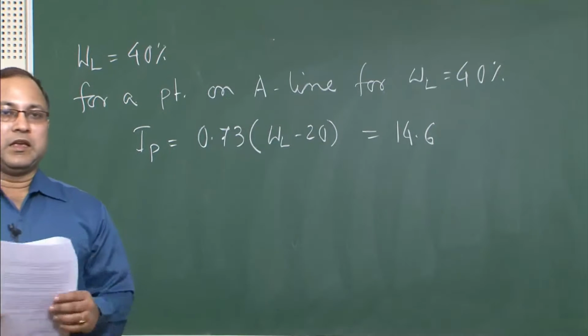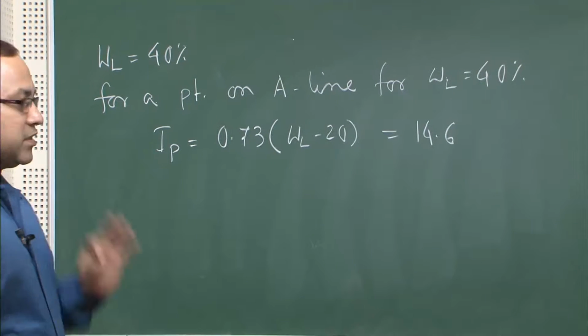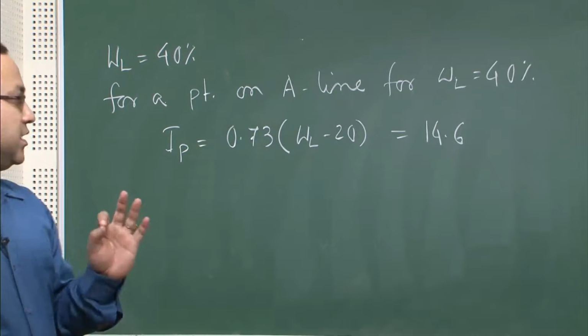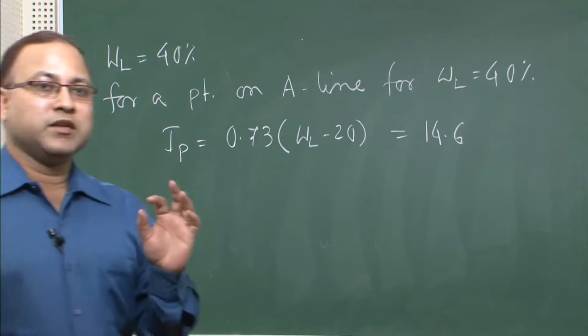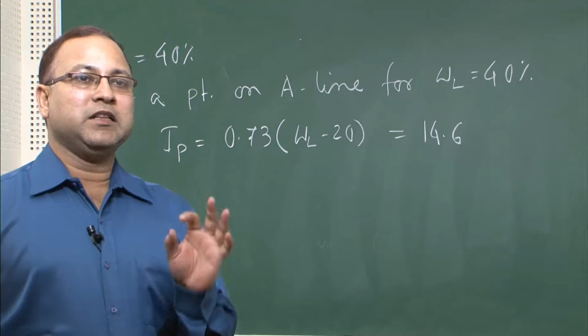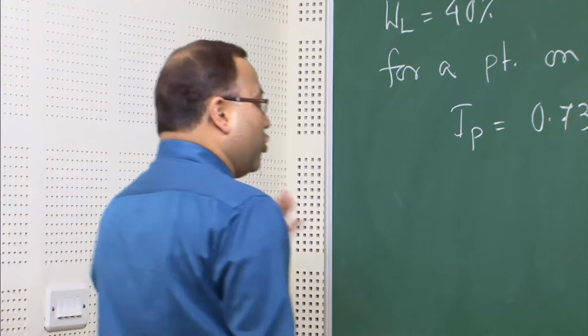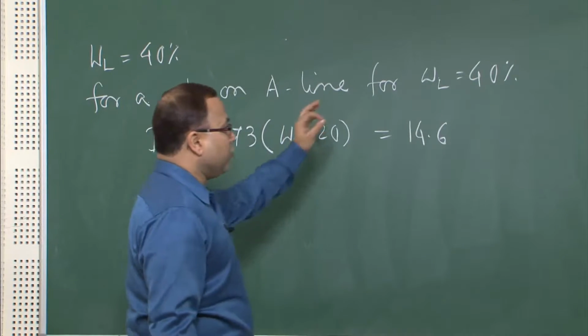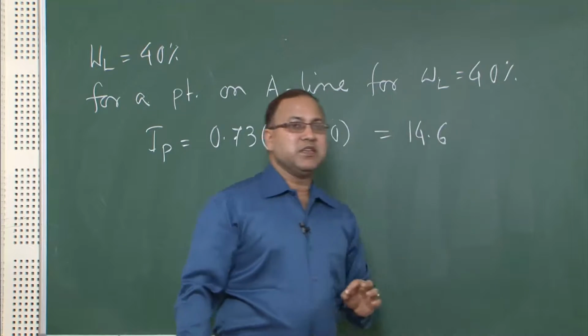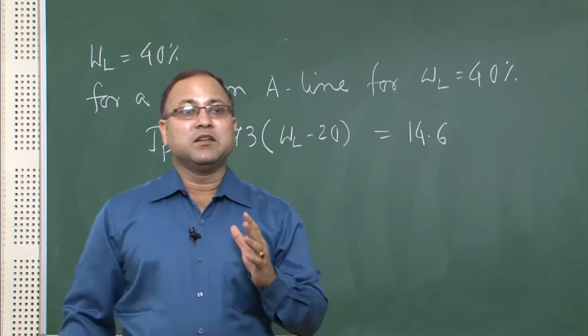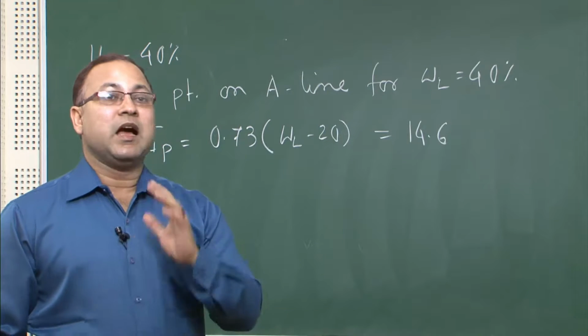Now, if your liquid limit is 40% and your plasticity index, that is IP, is 14.6, then you will get the point on the A line, right. But in your problem, what is given? Your liquid limit is 40%, but IP is 20. That means the point is lying above the A line.